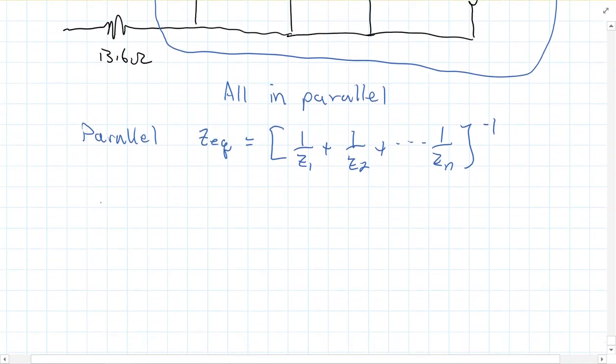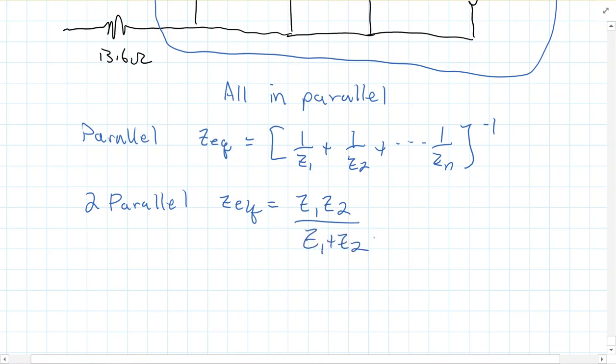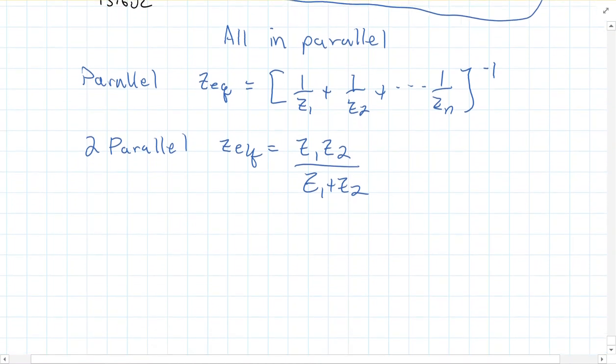And just like we had for resistors, if you have 2 in parallel, instead of doing the 1 overs, you could do Z1 times Z2 over Z1 plus Z2. Alright, so we're going to combine those all in parallel now.